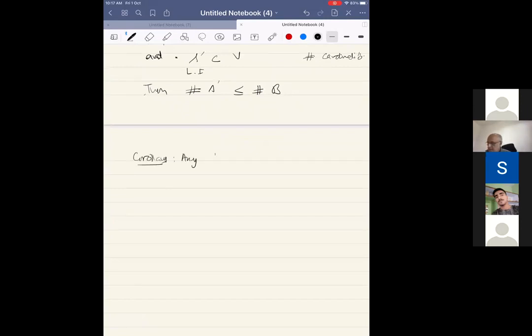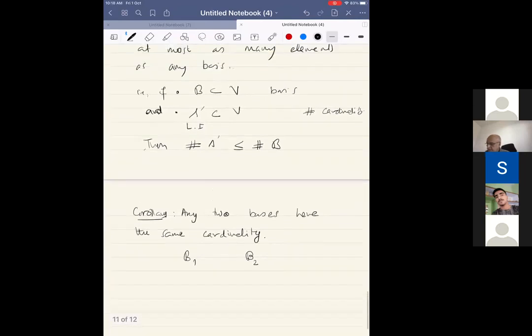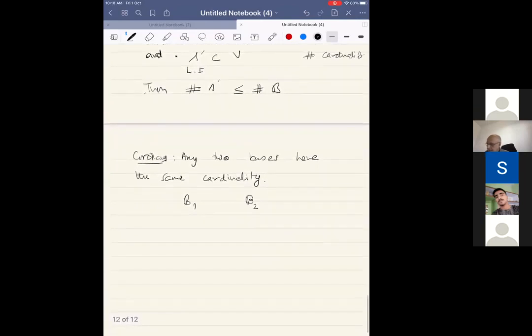Let us leave the proof for later, but here is a corollary: any two bases have the same cardinality. Because supposing I'm given two bases B1 and B2, then since B1 is linearly independent, the cardinality of B1 is less than or equal to the cardinality of B2.